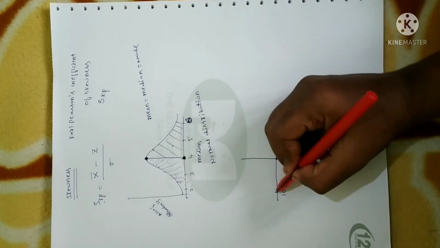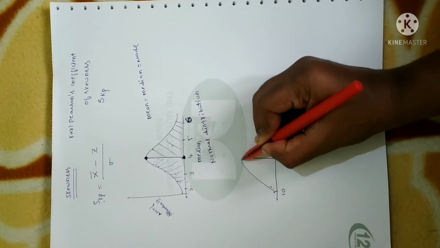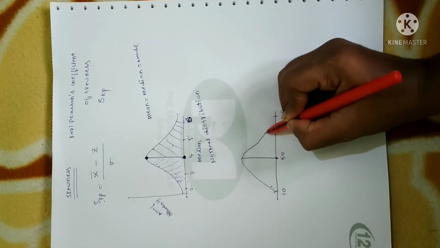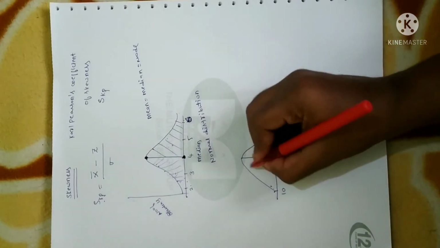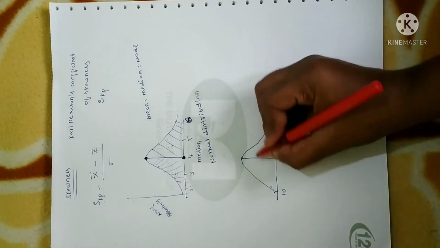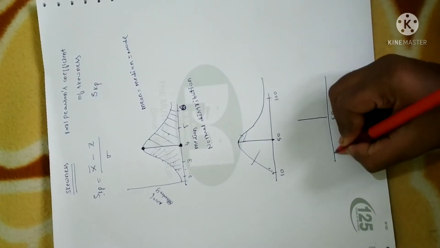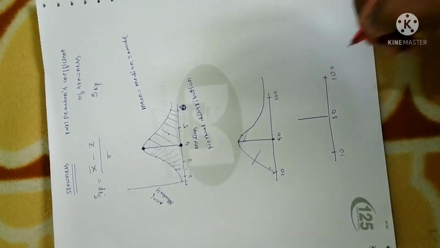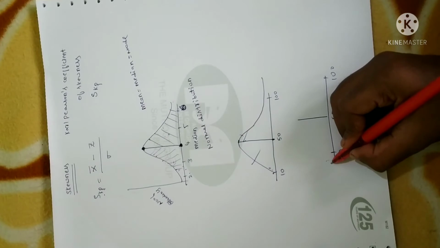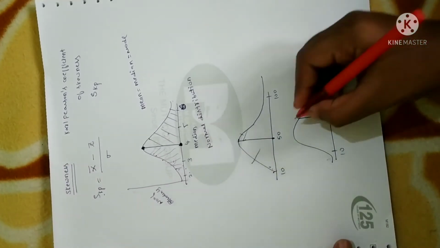Suppose this is 50 and this is 10 and this is 100, and suppose I have a distribution something like this.